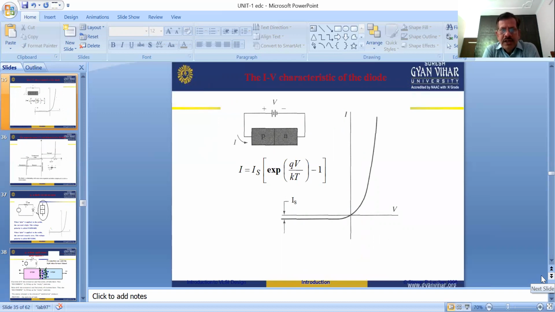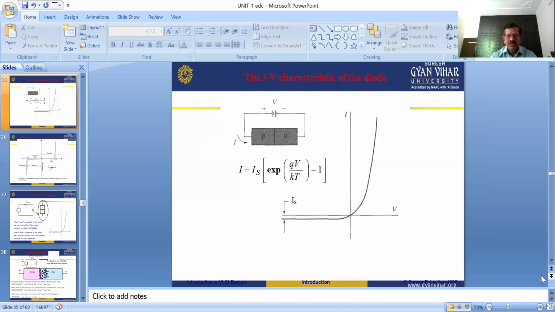Now we take the VI characteristics of a PN junction diode. In a simple PN diode, we can apply an external voltage to the junction. That external voltage is called a biasing voltage.